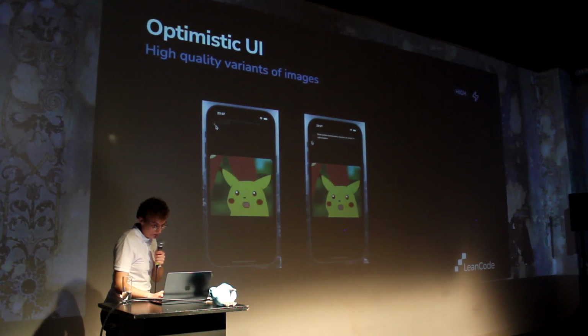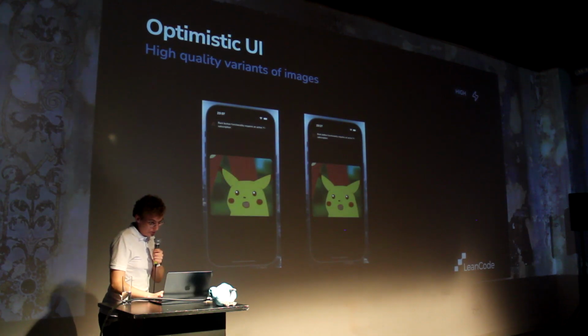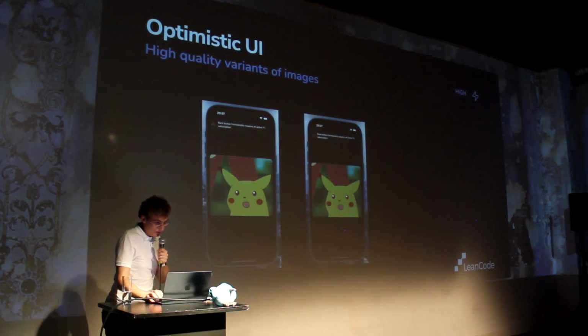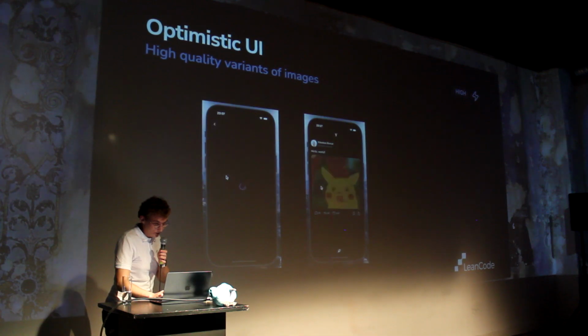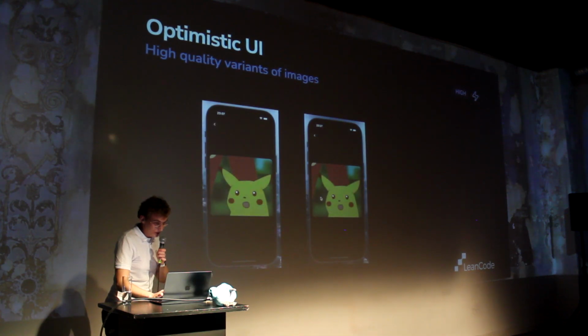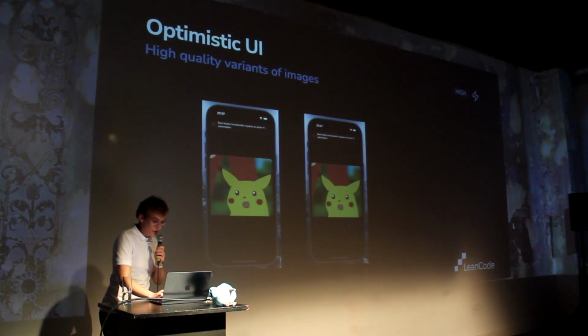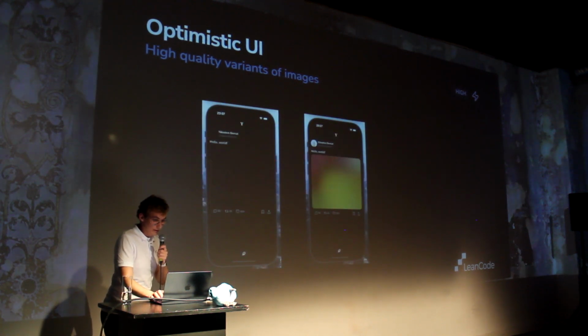There's also a loader, and the animation is linear, so the user experience is not that great. On the right, we have a BlurHash, so the user knows that there's an image. It also shows a previously cached version of that image, so we don't have that loading at all. It just changes it to a higher quality variant.